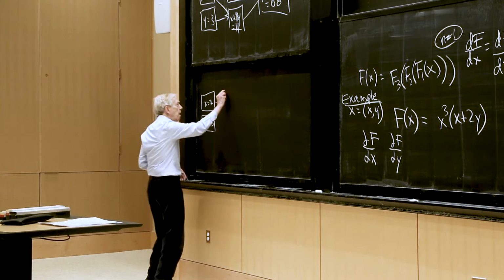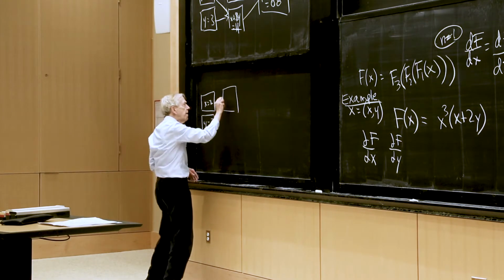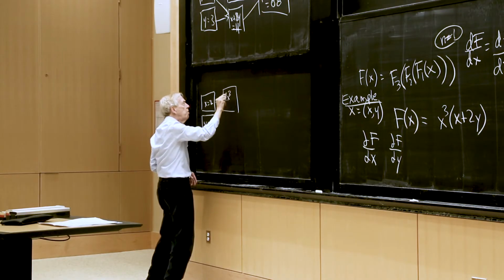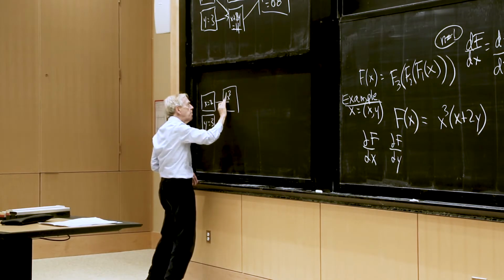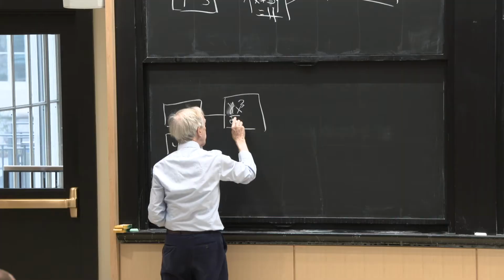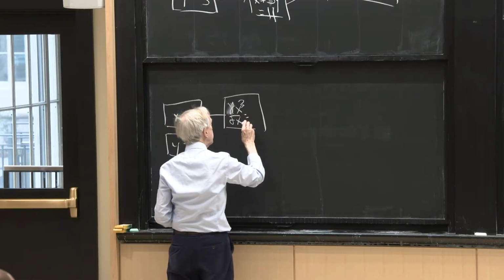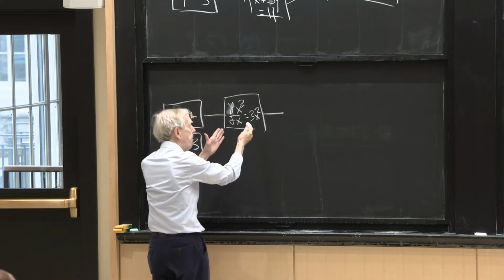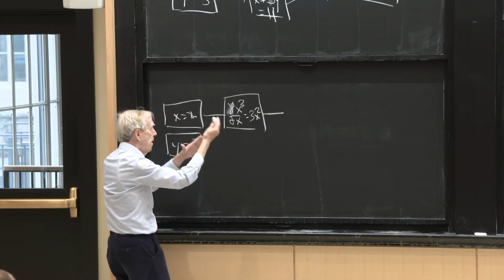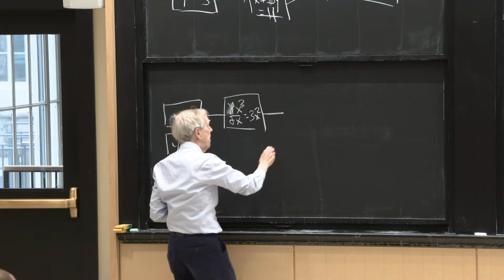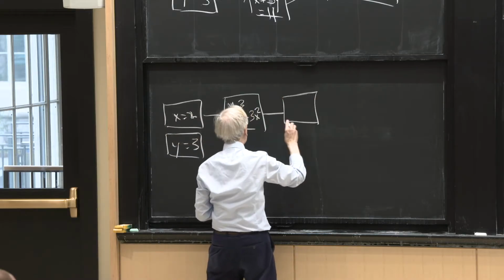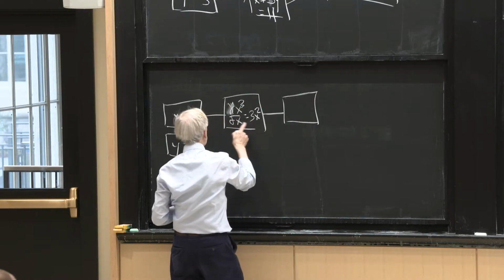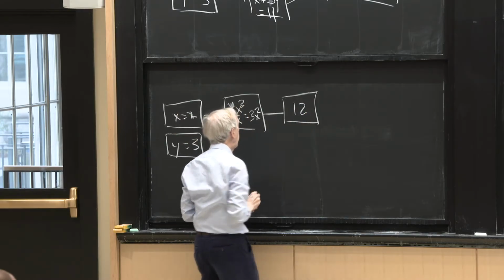So I have to use the fact that the derivative of x cubed with respect to x. Oh, I better do partial derivatives. Partial derivative of x cubed with respect to x is 3x squared. So now I'll put maybe a formula and then a number. That gives 3 times 4, 12.